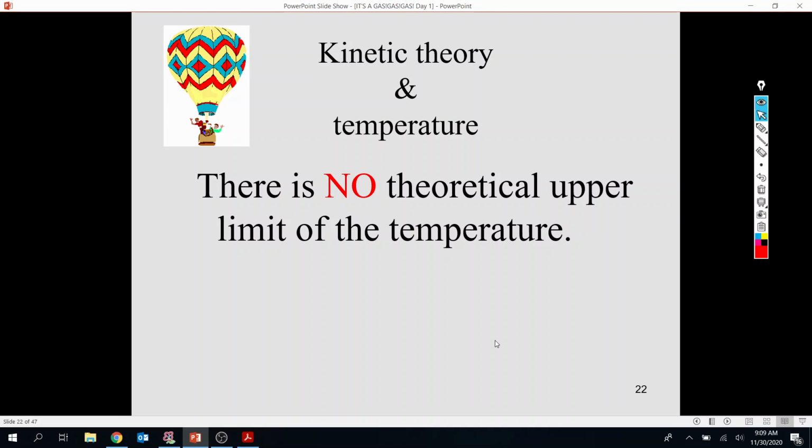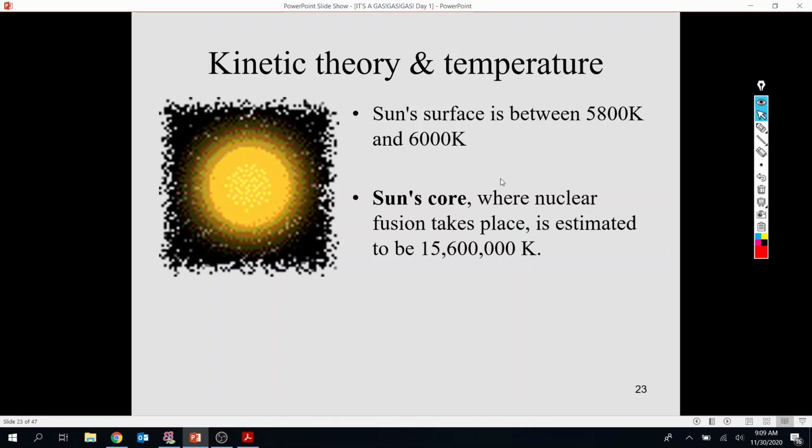All right, now in terms of upper and lower limits, there is theoretically no upper limit to temperature. As long as you can continue to add energy, you may continue to increase the temperature. The sun on the surface is around 6,000 degrees Kelvin, or around 6,000 degrees Celsius.